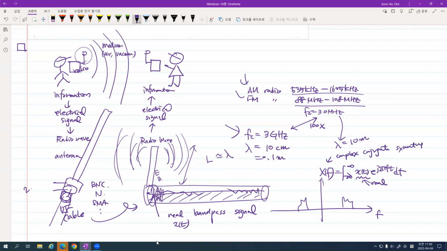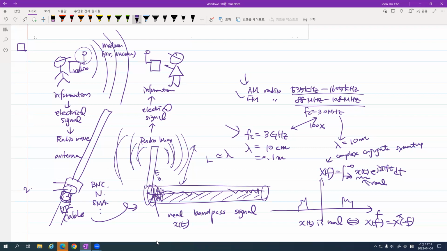Which means that x of t is real if and only if its Fourier transform satisfies this property. If we evaluate the Fourier transform at negative f, then x of f and x of negative f are conjugate pairs. So they have the same real part and the opposite imaginary part.